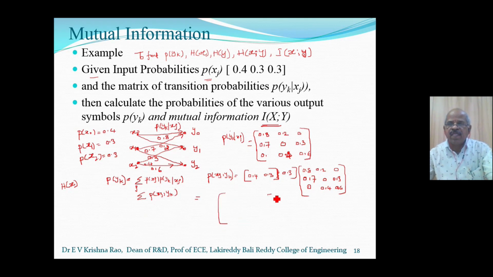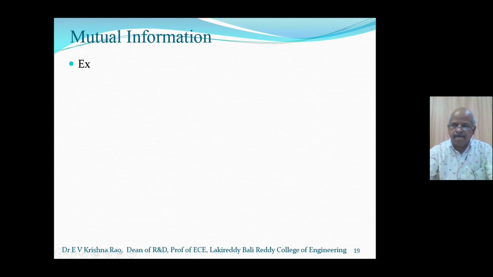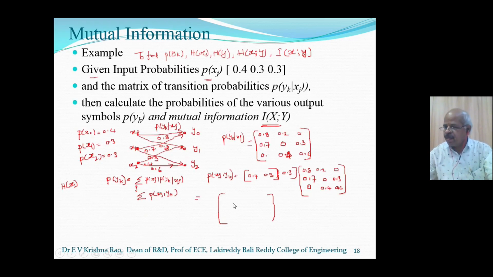For the joint probabilities, multiply P(y0 at x0) into P(x0), P(y1 at x0) into P(x0), like that.